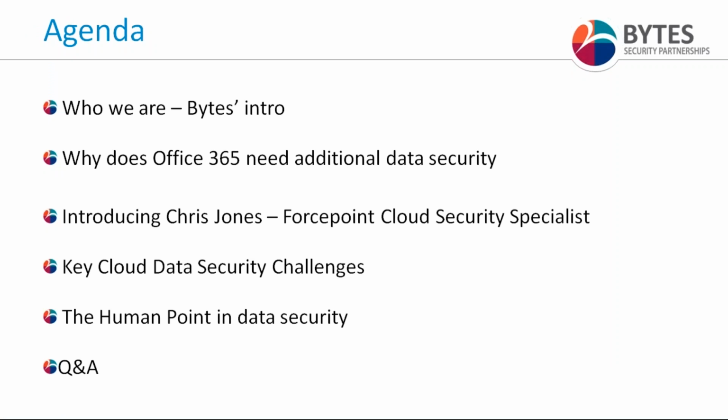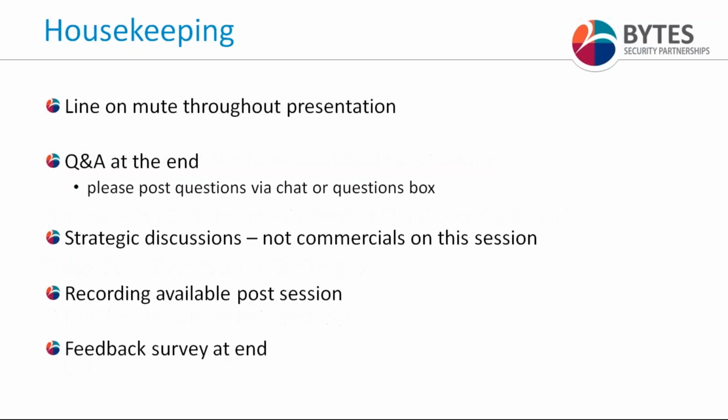I'll then introduce Chris, who's Forcepoint Cloud Security Specialist, who'll take you through some of the data security challenges with email cloud applications and how Forcepoint's human-centric approach to securing data and making sure data is protected can layer on additional security to provide strong security in the cloud. We will have a Q&A at the end as well, so please do gather up your questions throughout the presentation to pose to Chris at the end.